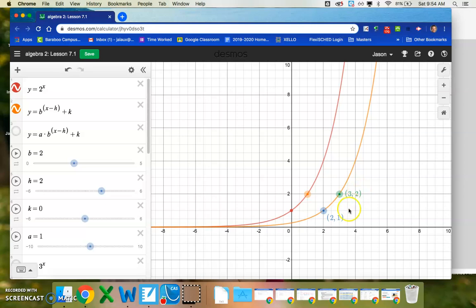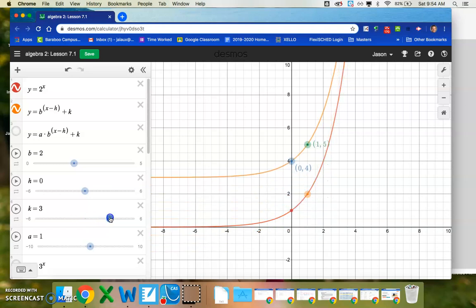So the y values stay the same. I'm only adding to the x values. So my ordered pair here of 1, 2 now becomes 3, 2 because I added 2 to 1. My ordered pair that was 0, 1 became 2, 1 because I added 2 to the 0. So the h value is going to be your horizontal movement with the function, where the k value is going to be your up and down.